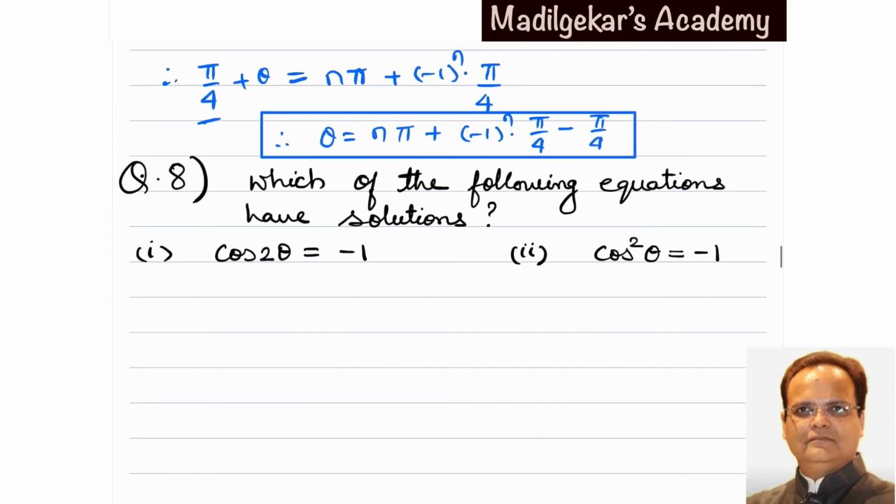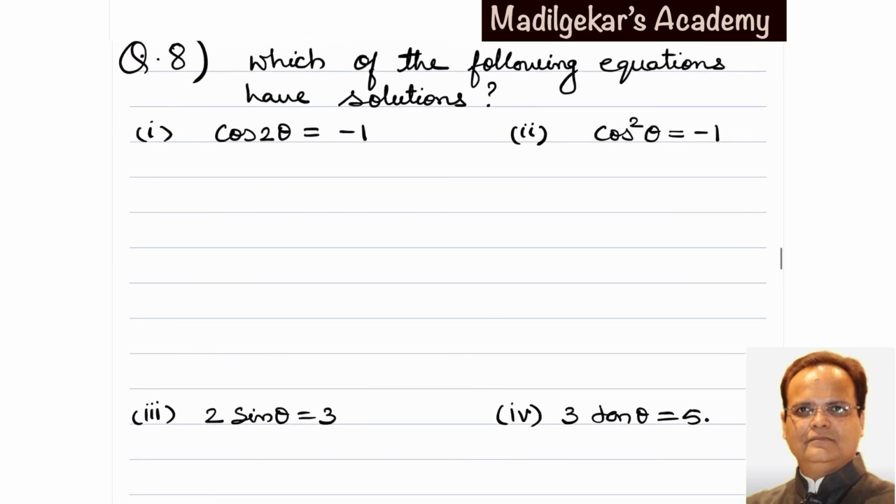Let's switch to question number 8. Last question of this exercise. Which of the following equations have solutions? First, cos 2 theta is minus 1. As we know, minus 1 is for cos pi. So cos 2 theta equals cos pi.